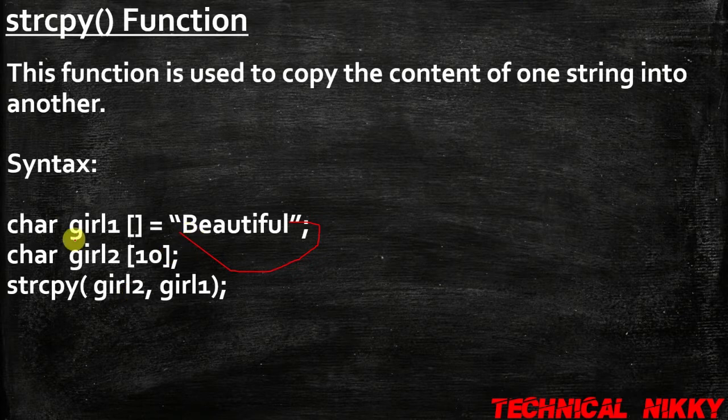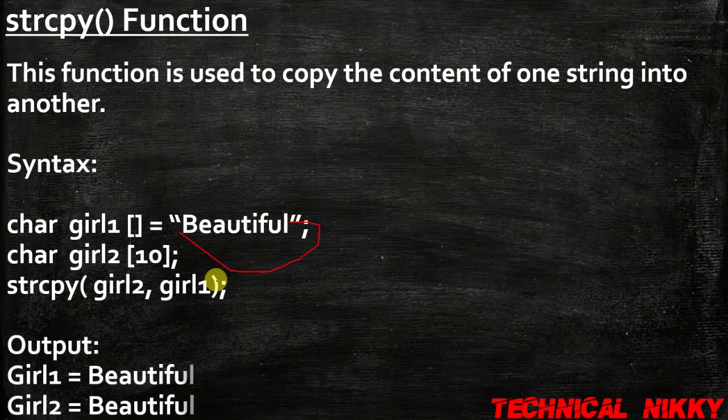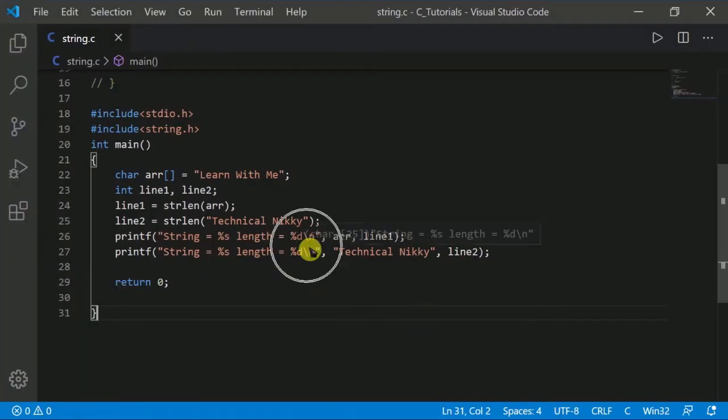As I want to copy the first string into the second one, girl2, I have to first type the second string, then the first. Its output will be the same for both variables: girl1 equals beautiful and girl2 equals beautiful. So let's type a program for this.